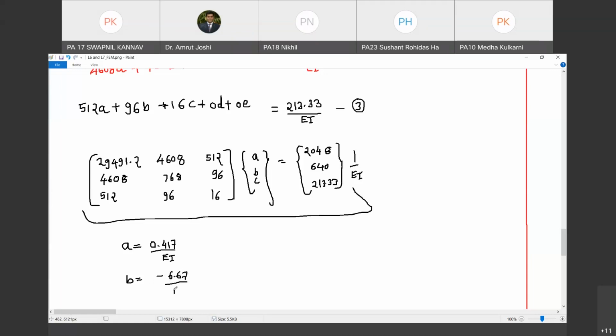Tell me if you are getting these values. What is the value of C? 39.99. So it is almost 40. So I will take it as 40 by EI. Yes. So these are the three values. We have obtained values of A, B, and C by applying principle of minimization of potential energy.